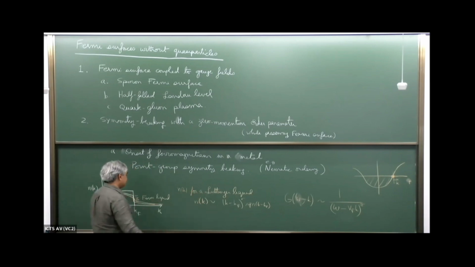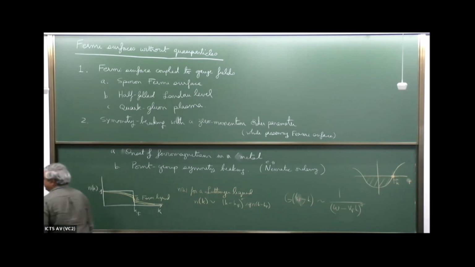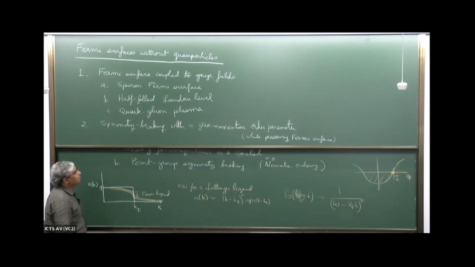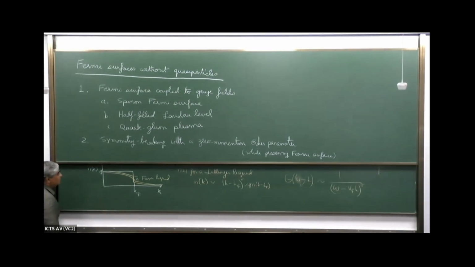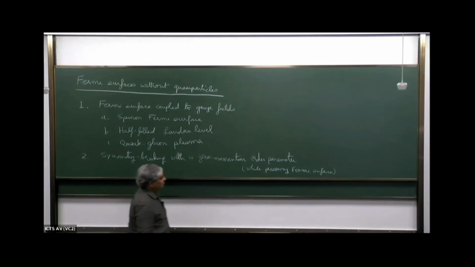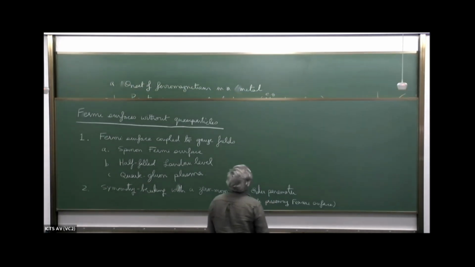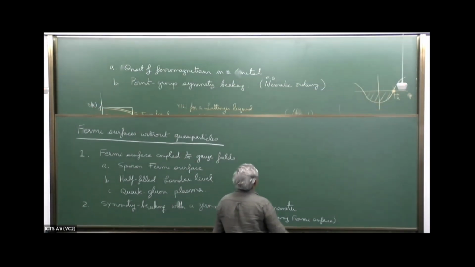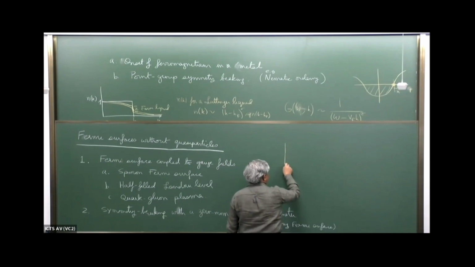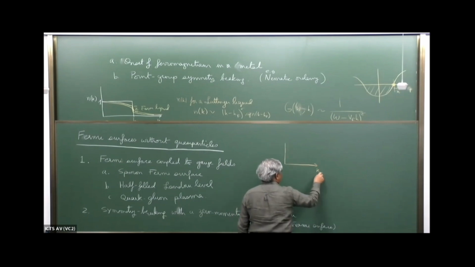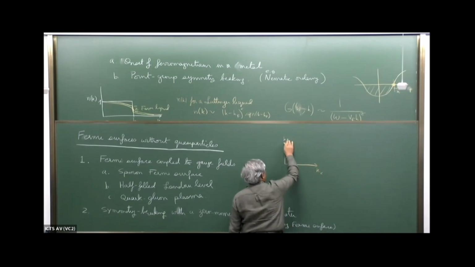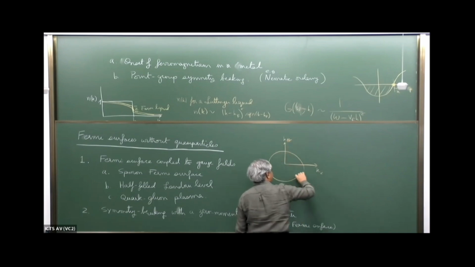So in higher dimensions, you have a Fermi surface, and the idea would be that if you went to 2 dimensions, which is what we are going to focus on, you have a Kx and Ky, with some Fermi surface of some strange shape.